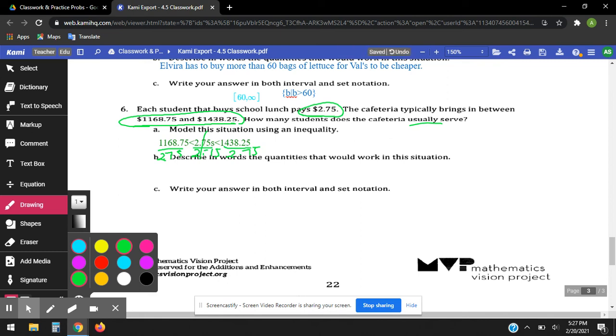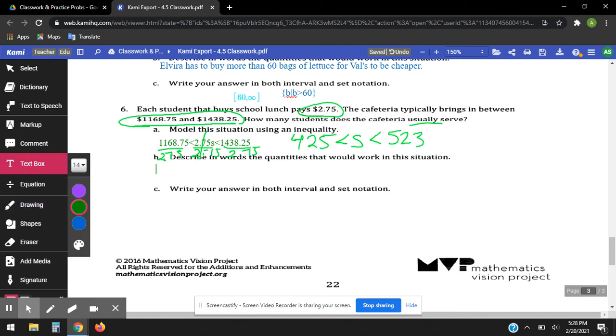So 1,168.75 divided by 2.75 is actually 425. That has to be less than students. And if I divide out the 1438.25 divided by 2.75, I get 523.